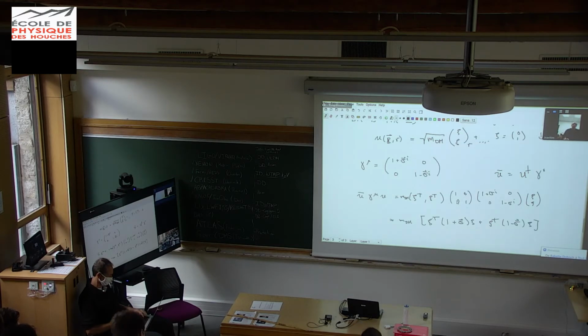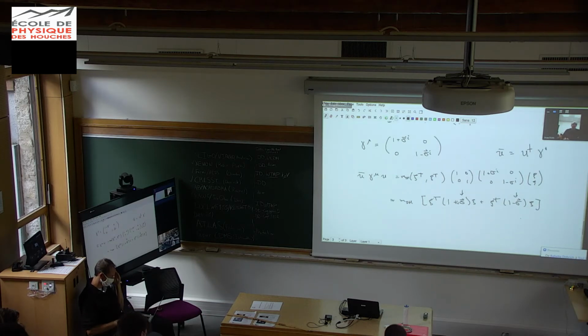So you see the terms with the Pauli matrices drop out because they come with an opposite sign. And all that is left is 2 times m dark matter times xi dot xi. And xi dot xi is just a delta function, let's call it delta RS. Okay, let's see if I did this correctly.